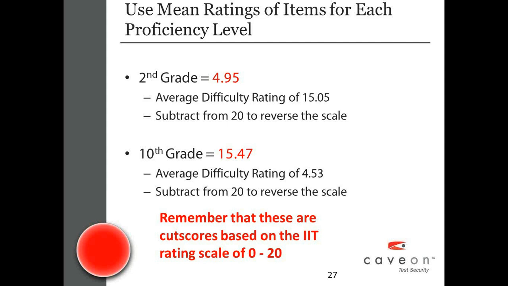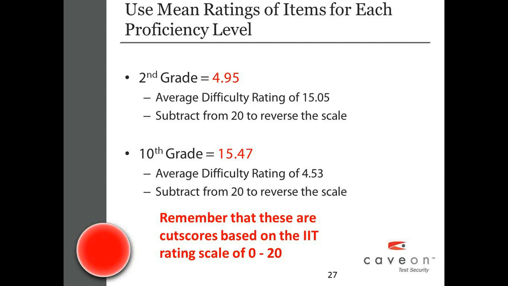And then, because of the way the scale was set up, I reversed it. I subtracted it from the high end of the scale to get 4.95. Depending on how you set up the scale, you wouldn't have to. If you were judging easiness rather than difficulty, you wouldn't have to reverse the scale. So I came up with 4.95.